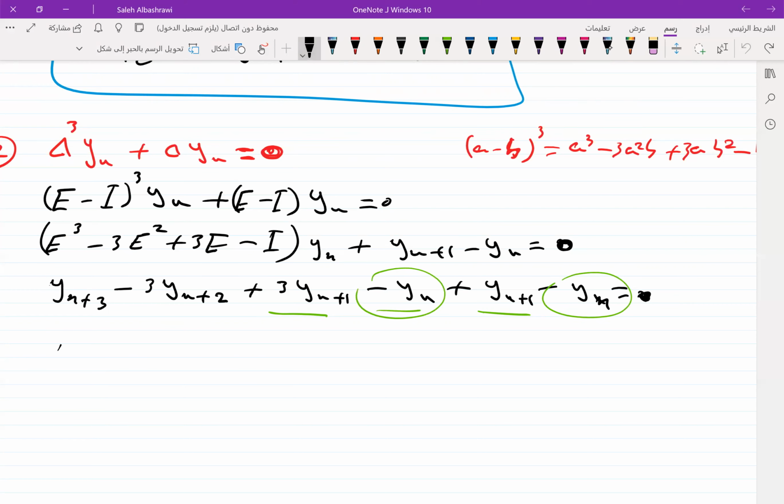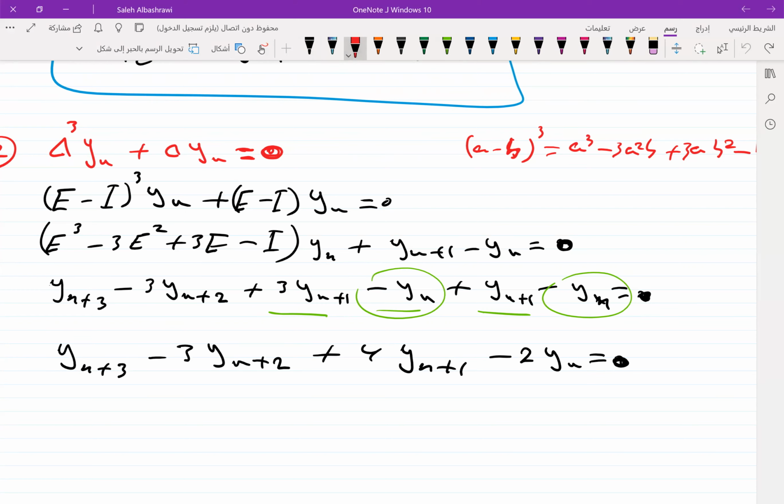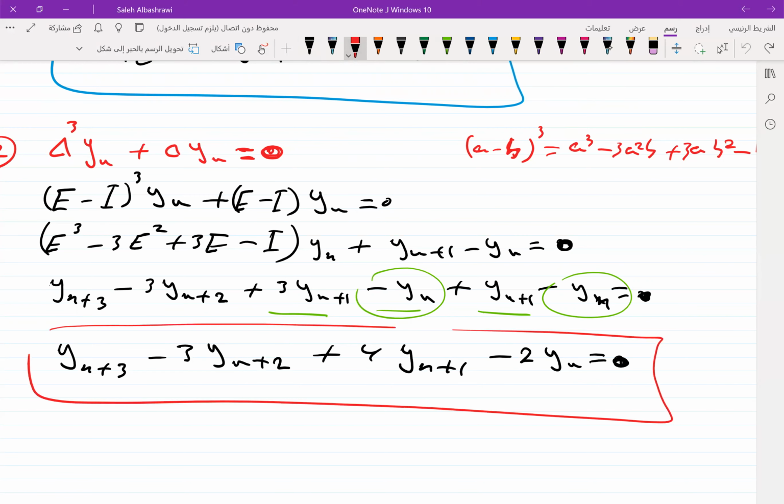So this will be y sub n plus 3 minus 3 y sub n plus 2 plus 4 y sub n plus 1 minus 2 y sub n equal to 0. So the difference equation now is written in a form free from the operator delta.